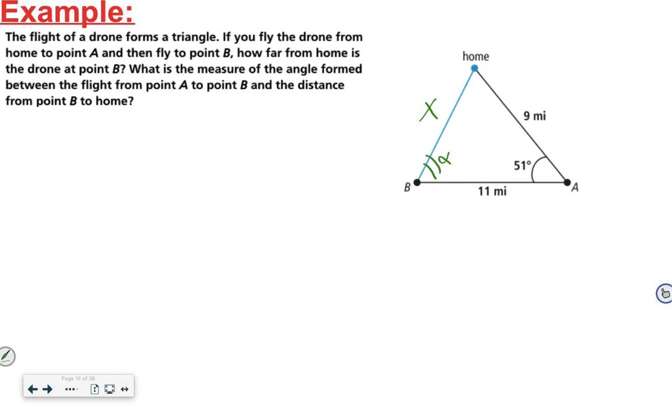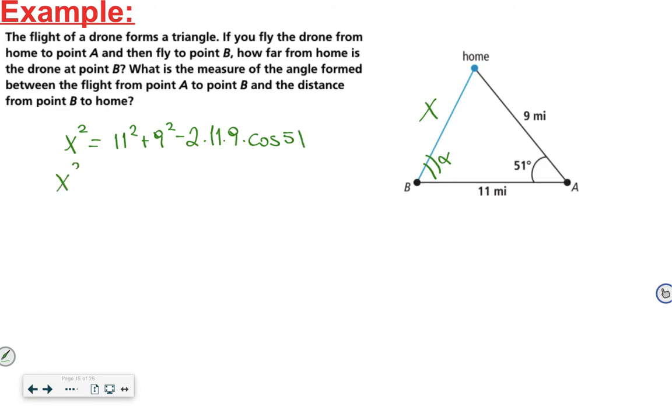To be able to find the x, ladies and gentlemen, we are going to apply law of cosine. X squared is equal to 11 squared plus 9 squared minus 2 times 11 times 9 times cosine 51.